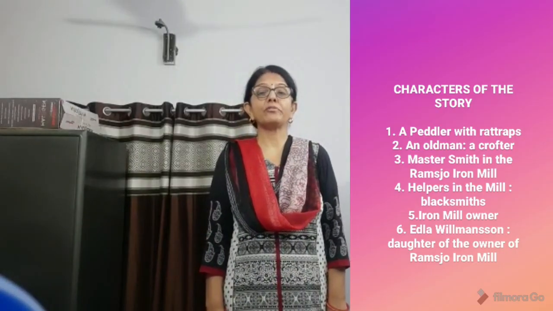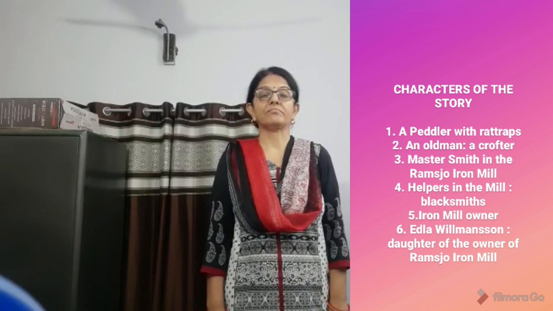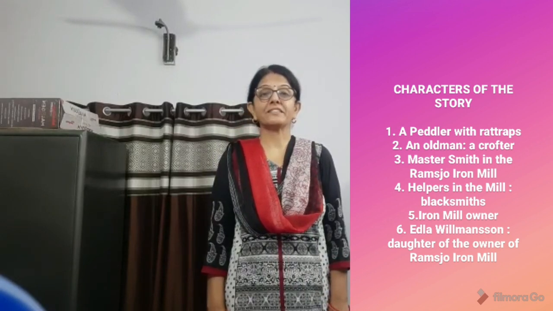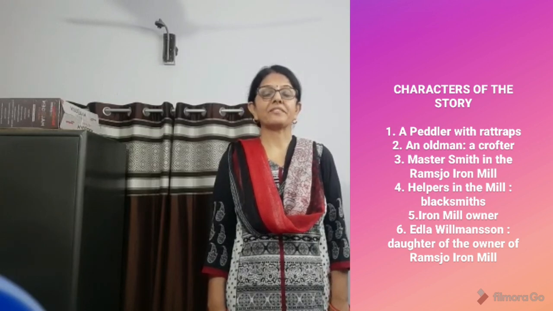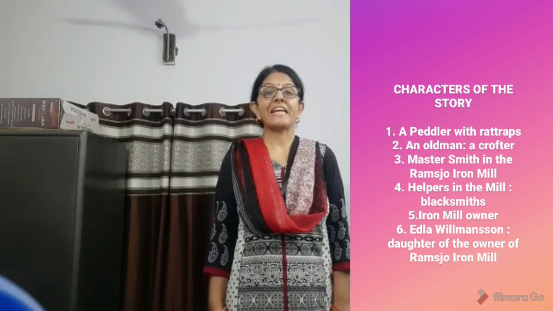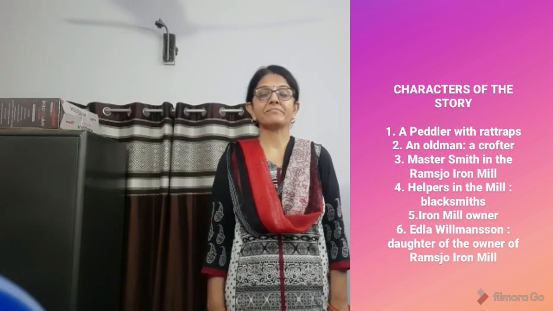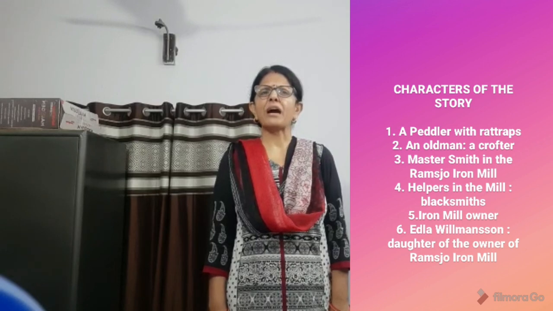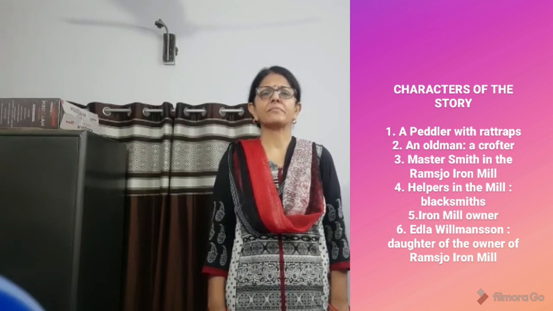Now the characters of this story. First, the peddler, who is always seen with rat traps. Then an old man, who is a crofter. Crofter means farmer of a small farm. Then the head smith.